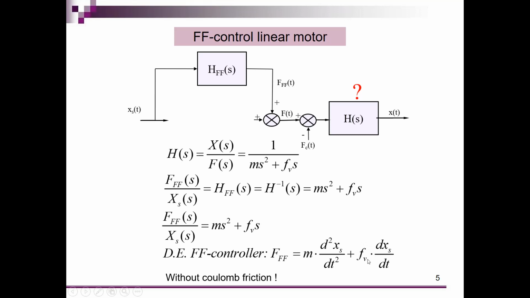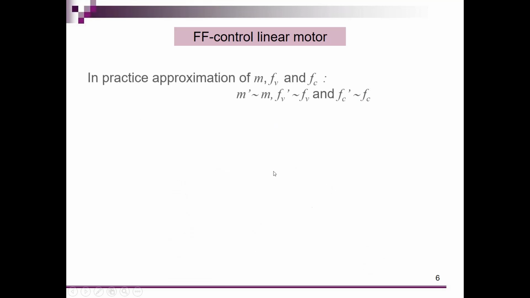And that's the same thing with the damping coefficient Fv, of course. So we use M accent instead of M and Fv accent instead of Fv. And of course, we also are going to do that with the Coulomb friction over here. So in practice, in my feed-forward controller, these coefficients are not 100% the same as the real masses, dampings, and frictions in my real life system, simply because I do not know them 100% exactly.